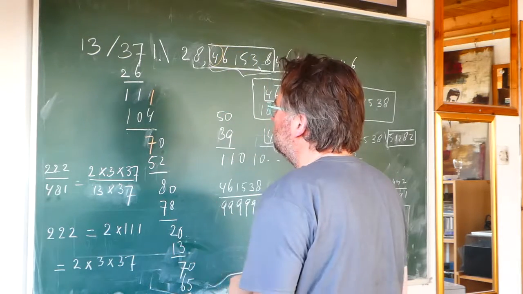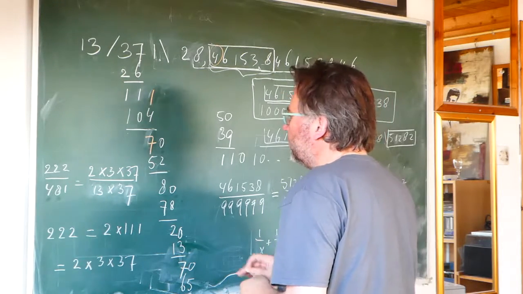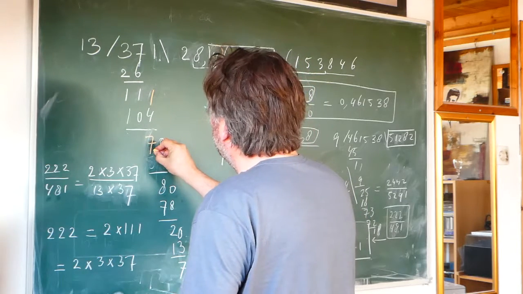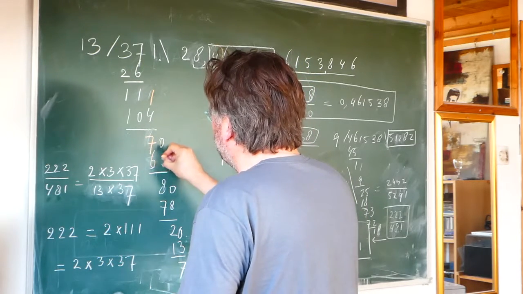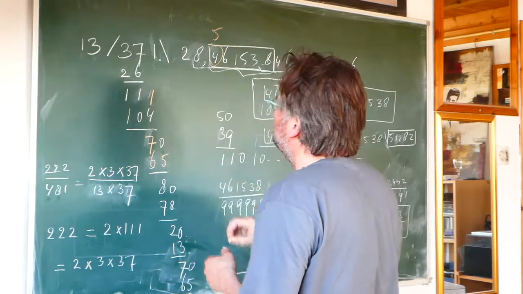Concerns this 4. But now this 4 will become a 5. So that's 65. It will go 5 times into 7. So this is going to be a 5.